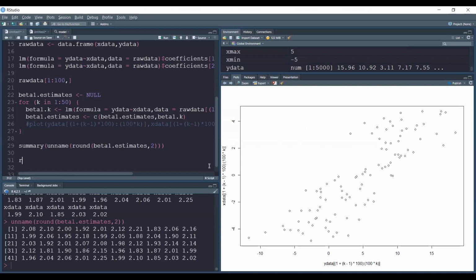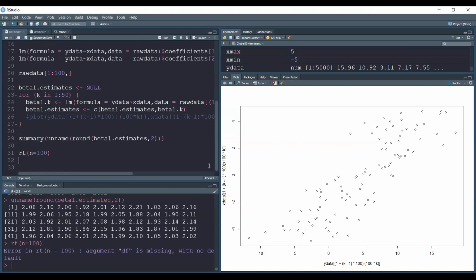Would it just be R? Let's see if we do RT. TT is the T distribution. And that hasn't worked. You need to give the degrees of freedom. All right. We don't know the degrees of freedom, do we?